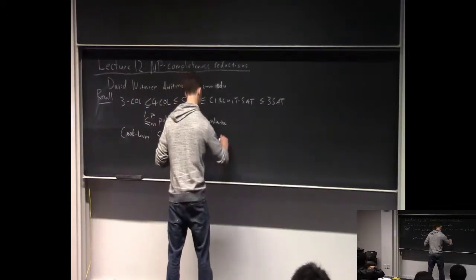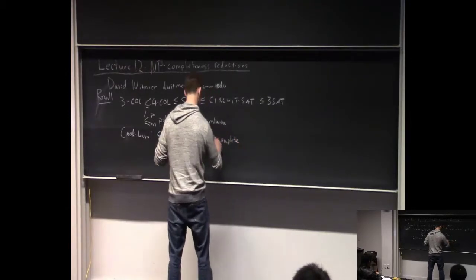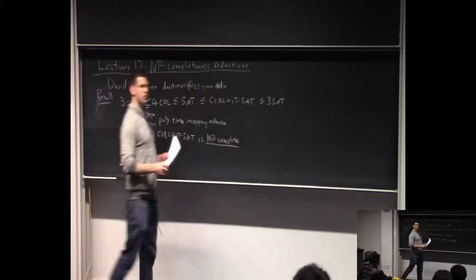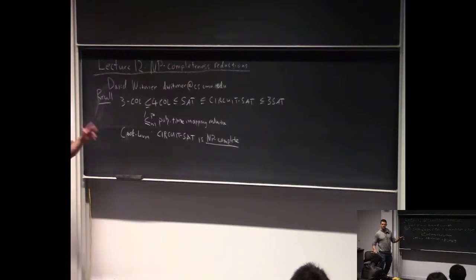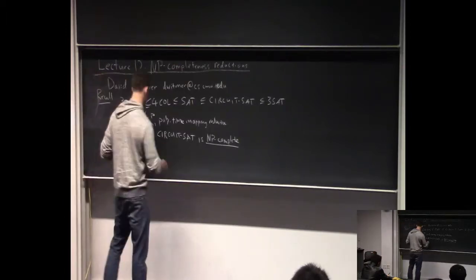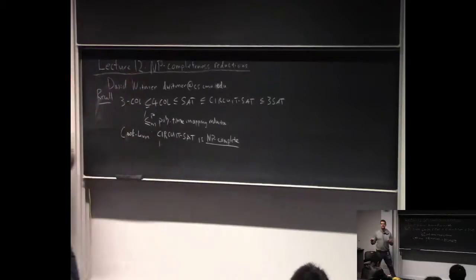Well, actually, it's NP-complete. Intuitively, NP-complete means that circuit SAT is at least as hard as any other problem in NP. Technically, there are 2 parts to showing that something is NP-complete. Any of you remember what those 2 things are?